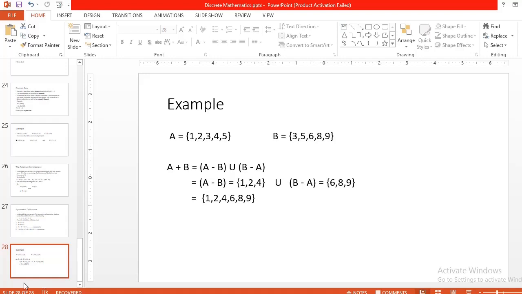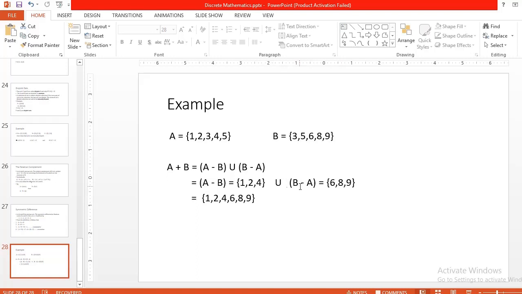So A symmetric difference B is equal to A relative complement B union B relative complement A. A relative complement B means the elements which are included in A but not in B. So what are these elements? 1, 2 and 4.